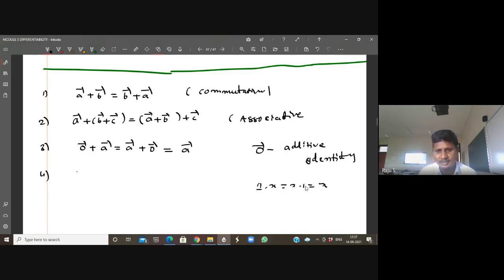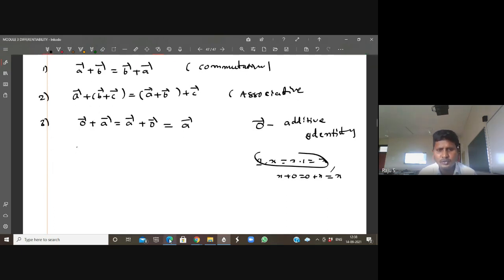So 1 is identity, x plus 0 is equal to 0 plus x is equal to x. Additive identity or multiplicative identity. But in vectors you may take i cap, j cap, k cap, that is a unit vector, but there doesn't exist any multiplicative identity in the vector concept. These are the simple properties.